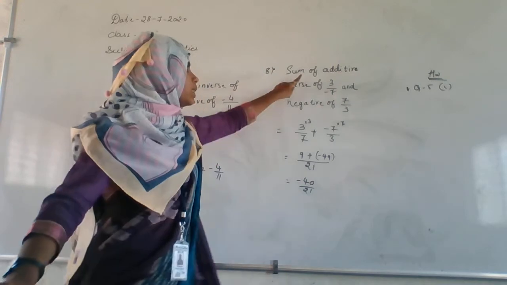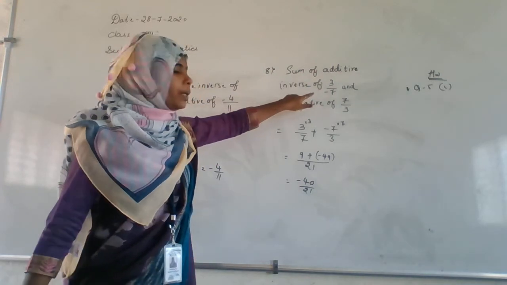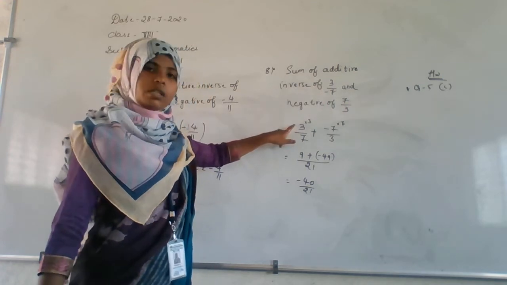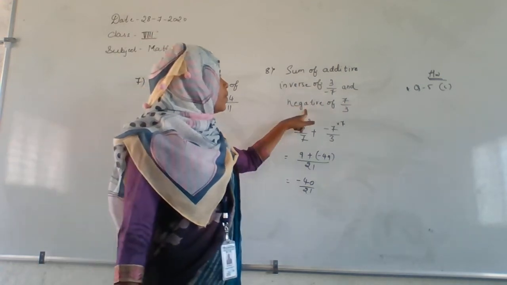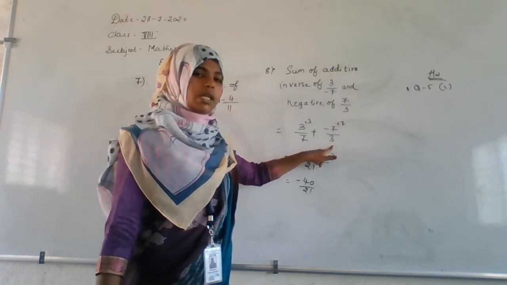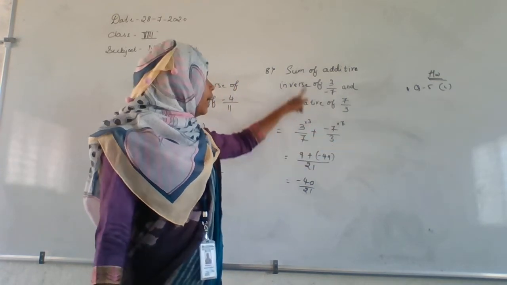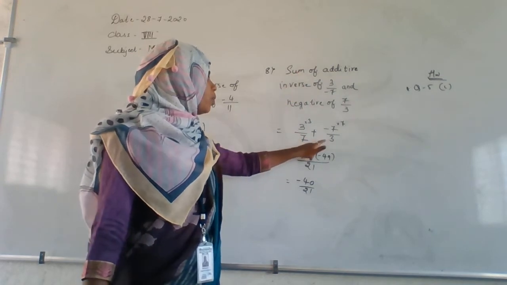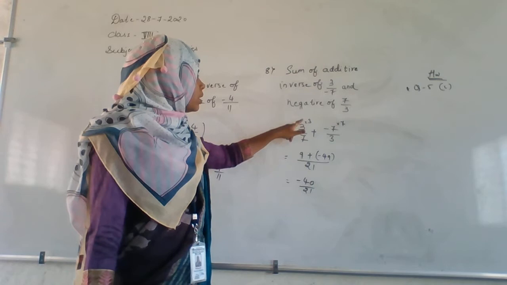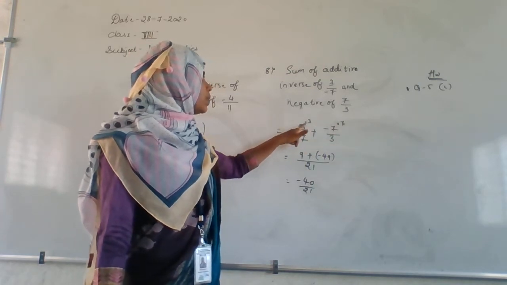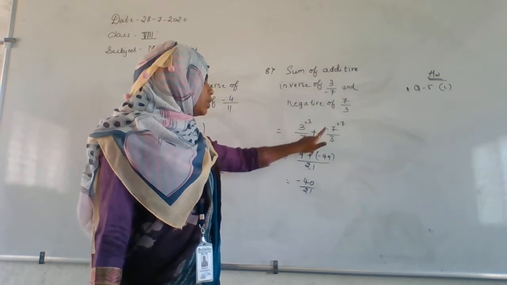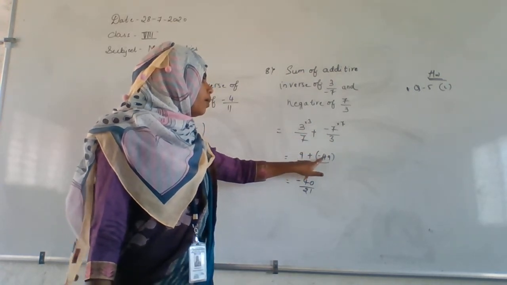They are saying the sum of additive inverse of 3 by minus 7. The additive inverse of 3 by minus 7 will be 3 by 7, and negative of 7 by 3 is minus 7 divided by 3. And for the sum we are adding both, so we take the LCM, which is 21. 7 3s are 21, 3 3s are 9, and 7 7s are 49, where it is negative, that is why minus 49.